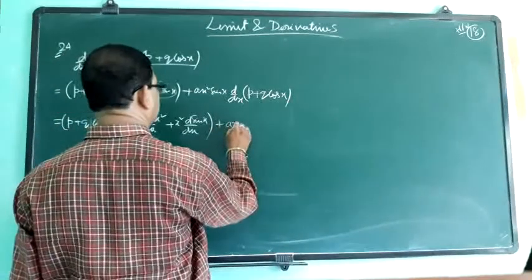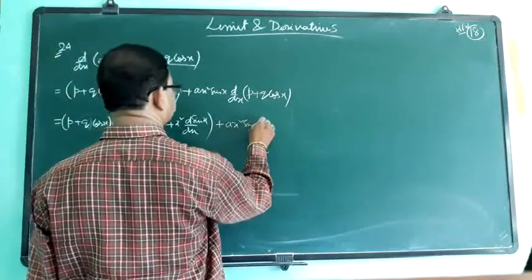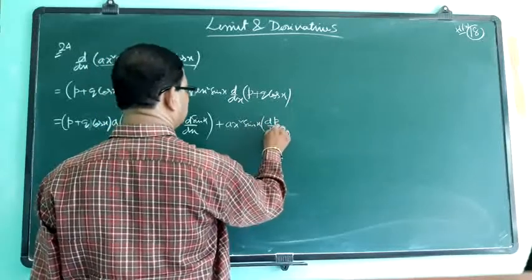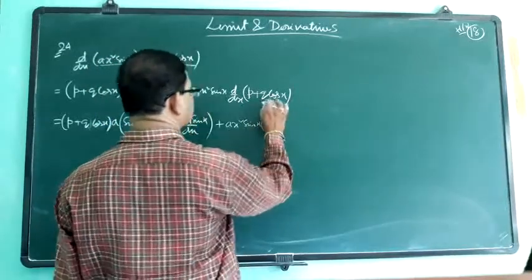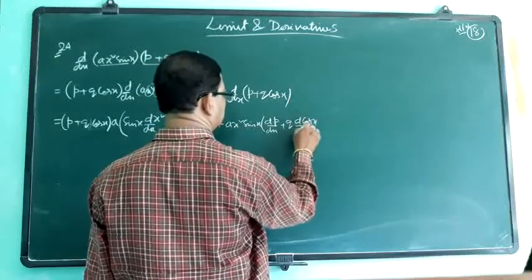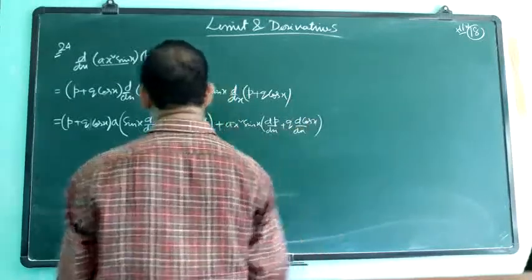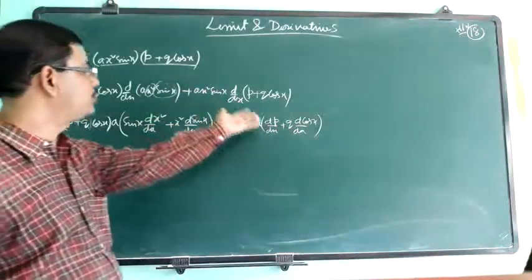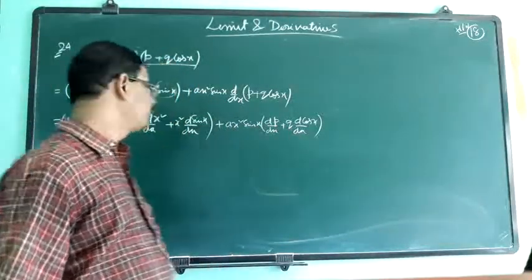Now ax square sin x, we have to differentiate; p as well as q is constant, we can take it outside, d cos x with respect to x. So here I have applied u v form.